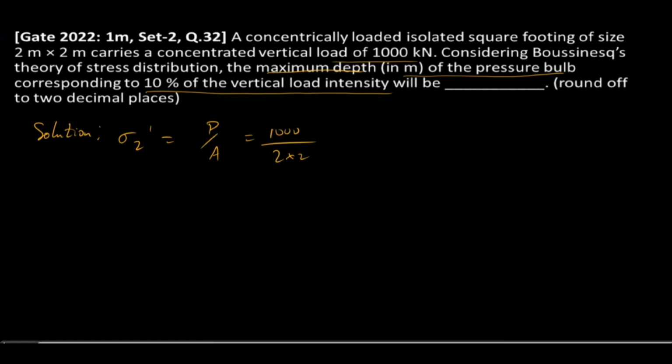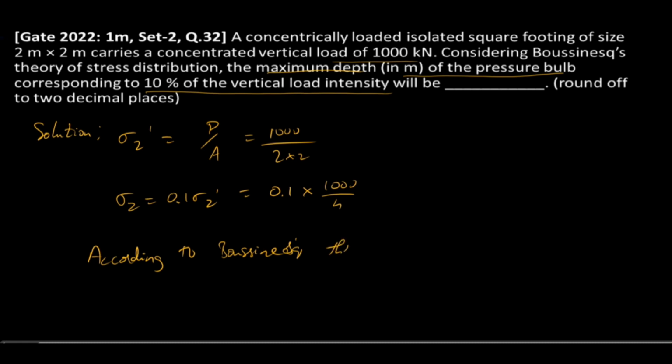So sigma z will be equal to 0.1 sigma z dash, that is 0.1 into 1000 divided by 4. We'll keep this as equation 1.